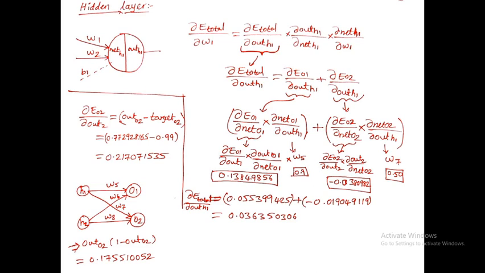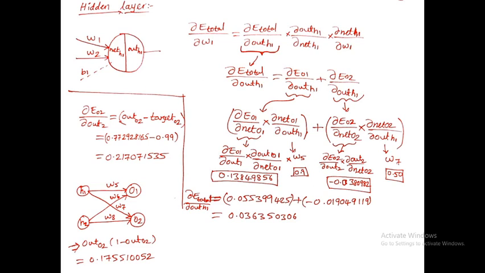So here H1 is the hidden layer output, and the hidden layer output is connected to the output neuron. So ∂E_O1/∂net_O1 into ∂net_O1/∂out_H1. In a similar way, ∂E_O2/∂out_H1 also can be rewritten as ∂E_O2/∂net_O2 into ∂net_O2/∂out_H1.